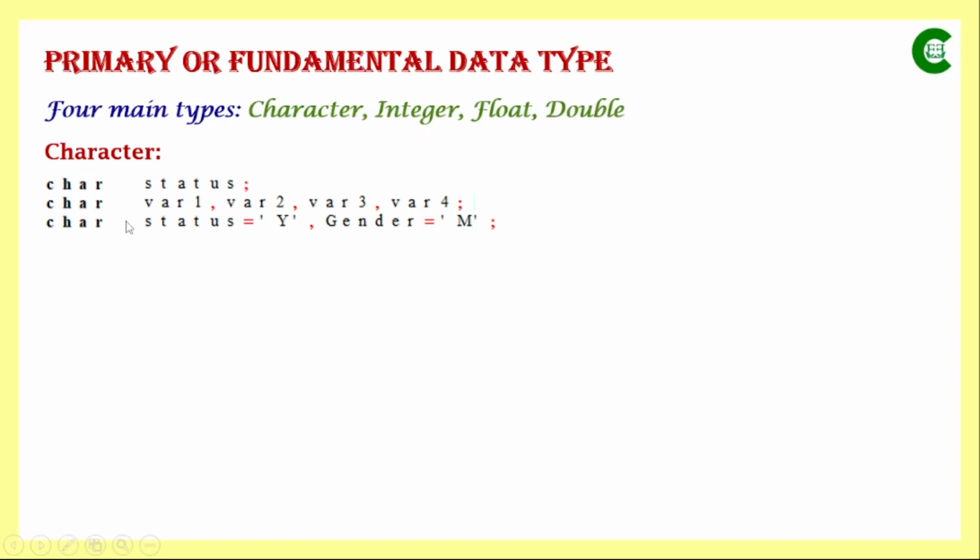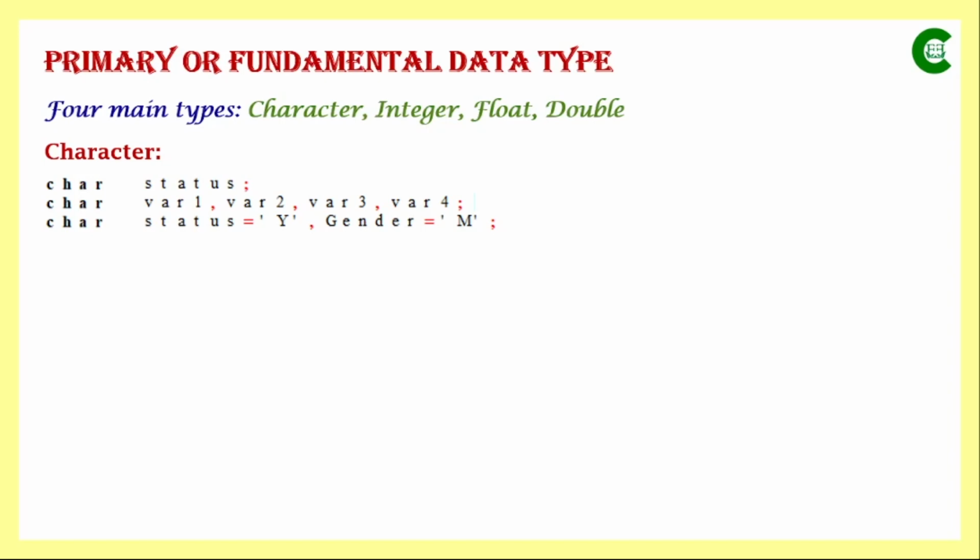And we may declare multiple variables in the same line if they have the same data type. Like here in the second line, var1, which represents variable 1, var2, var3, var4, since they have the same data type, which is character, they have been declared in the same line, separated by commas, and then finally terminated by a semicolon.